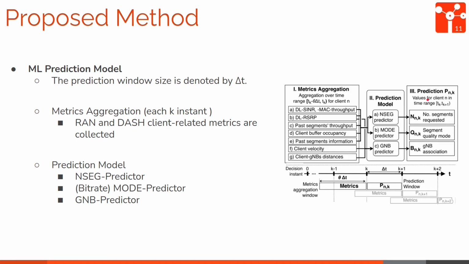At any given decision instant k, the radio access network and DASH client related metrics are collected over the metric aggregation window, which will later be used as input for the machine learning models. There are three kinds of machine learning models: the number of segments predictor, the mode predictor and bitrate predictor, and the gNodeB predictor.